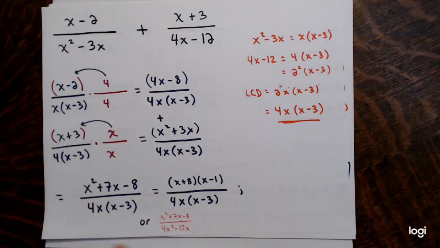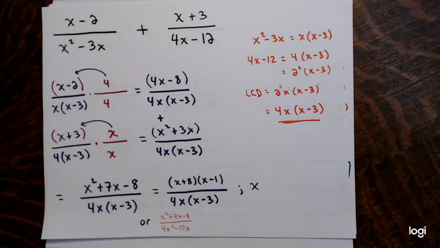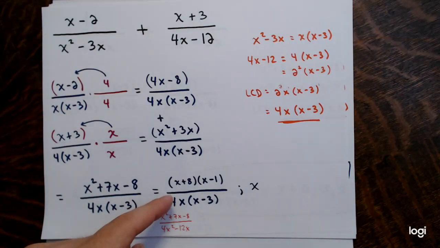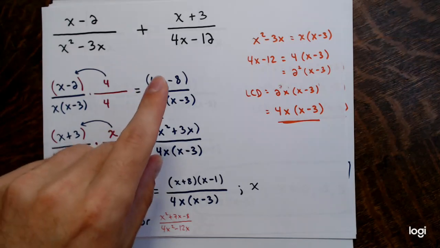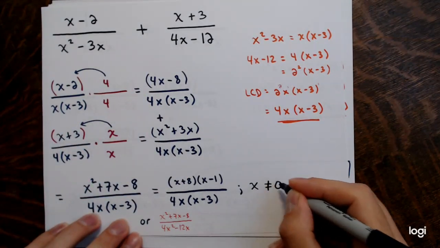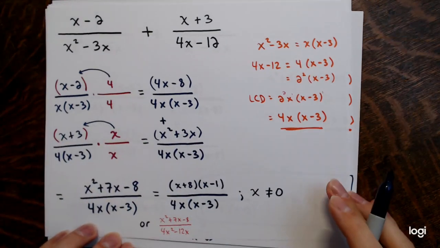But again, as with the previous examples, I'm going to put here off to the side, values of x that would make this no good. So yes, this fraction plus this fraction will be the same value as this fraction here. It's just, I'm seeing factors of x show up in the denominator, so x cannot be 0. That'll make these denominators with x as a factor equal to 0.